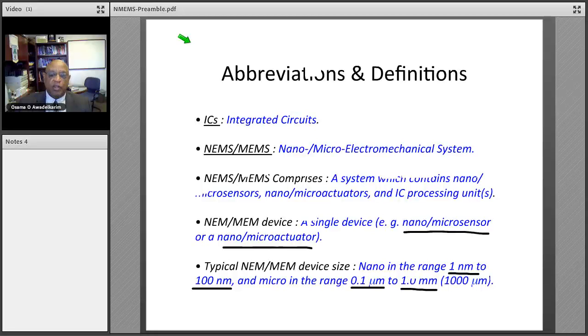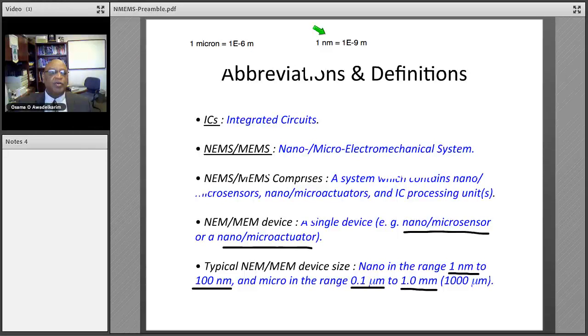So a micron or a micro scale is 1 times 10 to minus 6 of a meter length. On the other hand, 1 nanometer is 1 times 10 to minus 9 meters. So these are the kind of length scale that we're talking about. 1 millionth of a meter for a micro scale, 1 billionth of a meter for a nano scale.